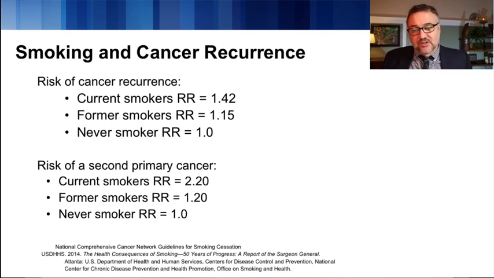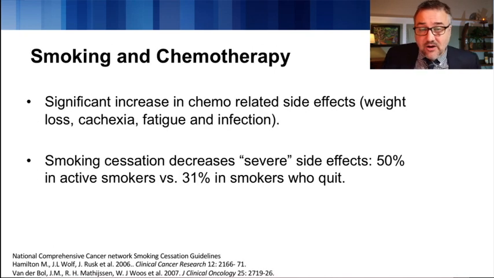So, a big difference in cancer recurrence. The other is the risk of a second primary cancer, and that's about twice as high in smokers, and then drops down really significantly if people quit. So, big impacts of quitting after people have gotten cancer, whether you're looking at cancer recurrence or the occurrence of another cancer.